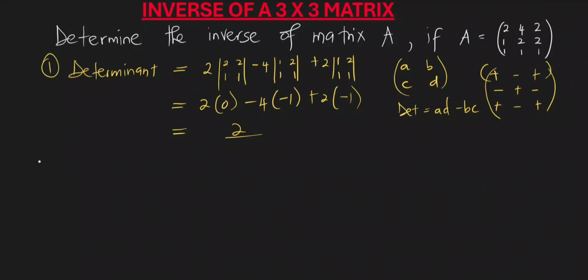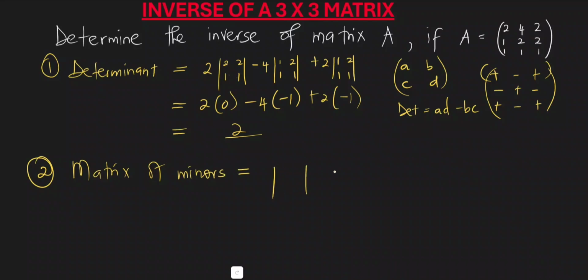Then step number 2, we go to the matrix of minors now in full. We have to consider everything here. To determine your matrix of minors, you simply have to form your 2 by 2 matrices. They should be inside here, and also here and here.